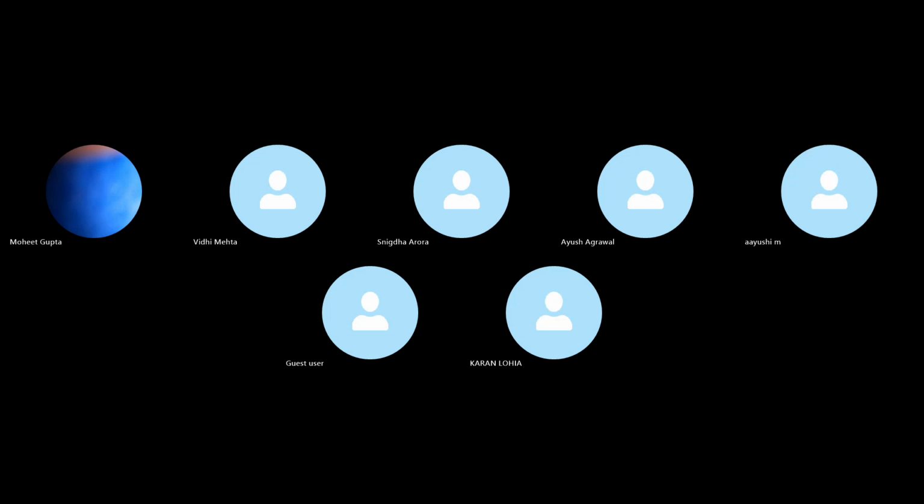Market cap is basically the value of all the listed companies. Not only the companies within Nifty 50 and Sensex, but all the companies that are listed on the stock market.